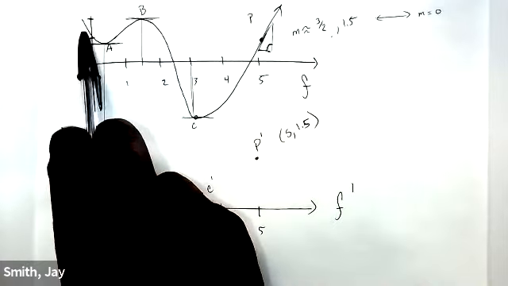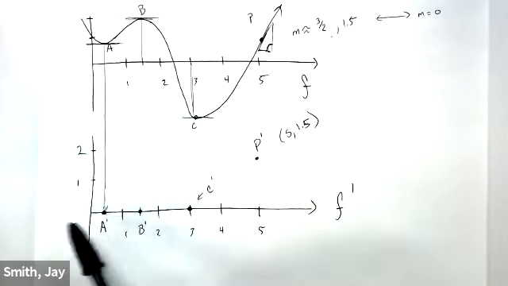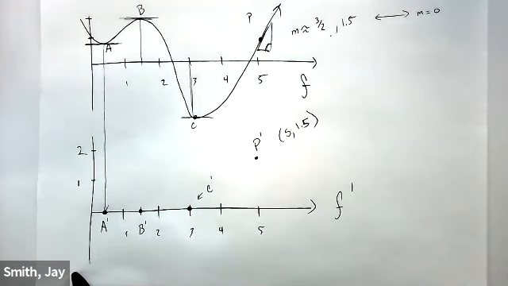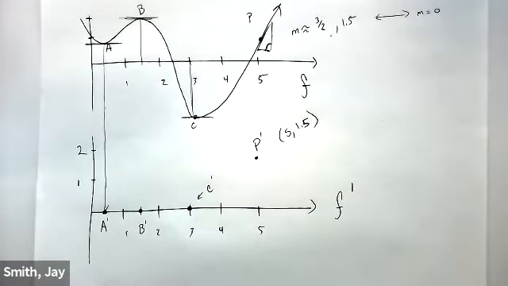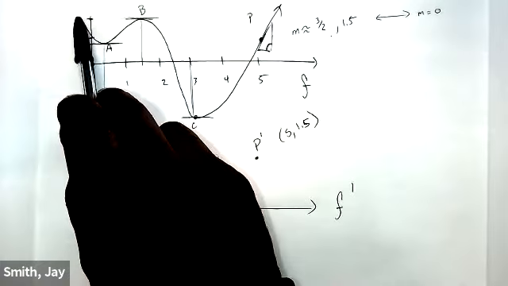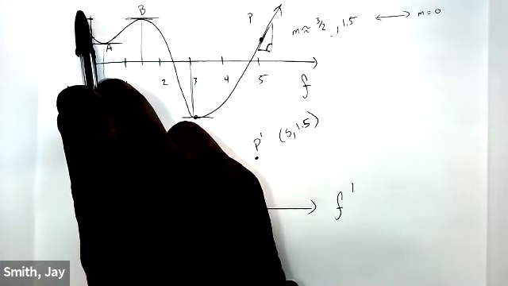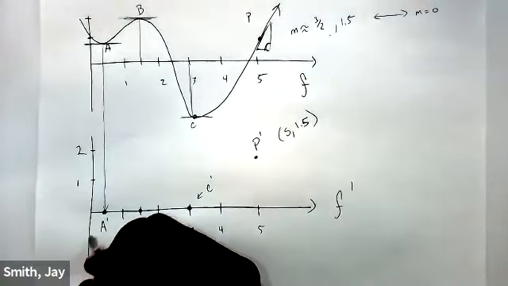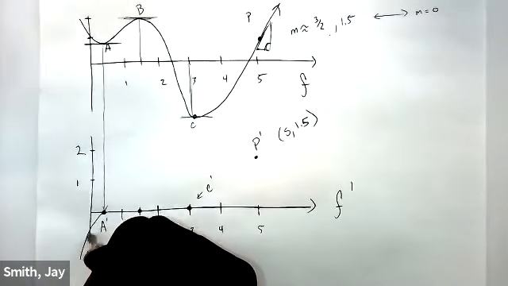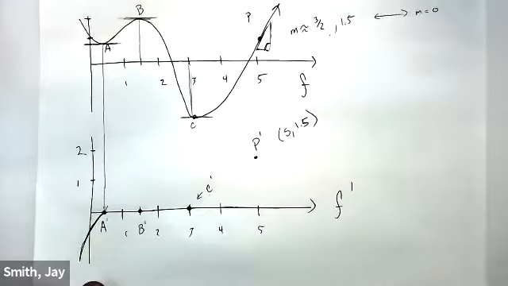So if it's decreasing on the sketch of the original function, it's below the x-axis on the sketch of its derivative, because negative values are below the x-axis. And remember, the slope of the tangent line is the y values on the graph of its derivative. So from negative infinity to a, this interval is decreasing from left to right, which means negative infinity to a is below the x-axis where the negative values would lie.